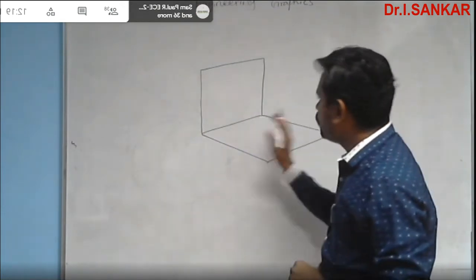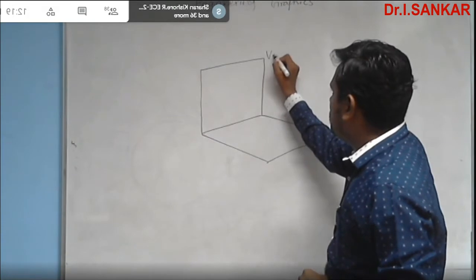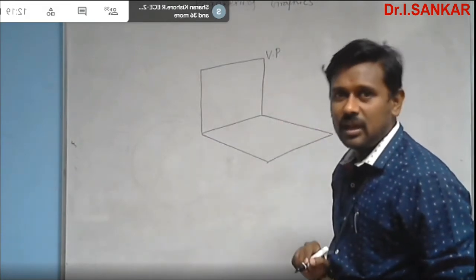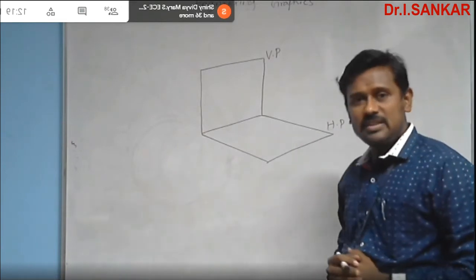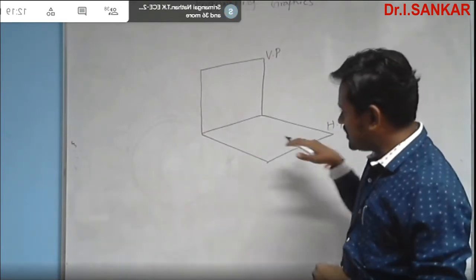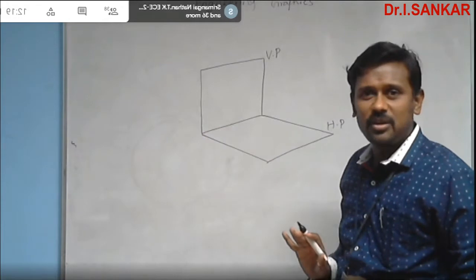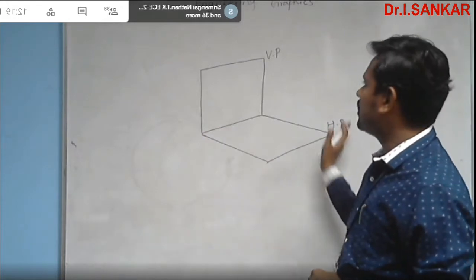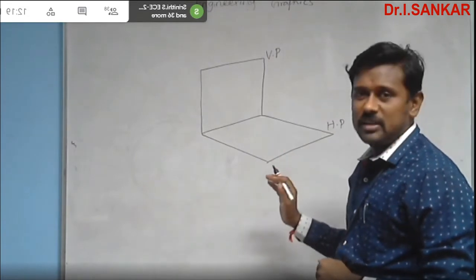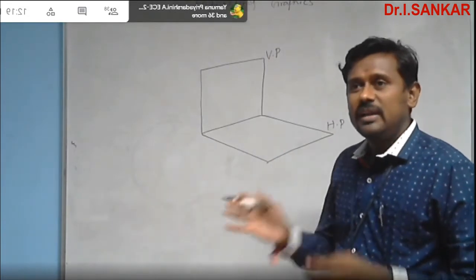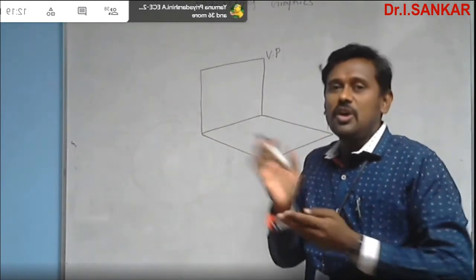These two planes are called VP, the vertical plane, and HP, the horizontal plane. Based on their arrangement, we named them the horizontal plane and the vertical plane. These two planes serve for getting the views of the object.